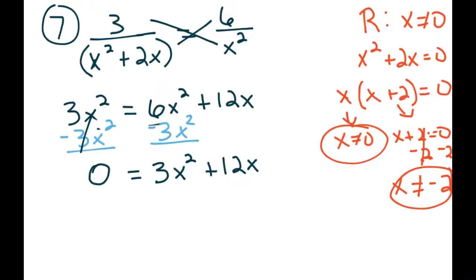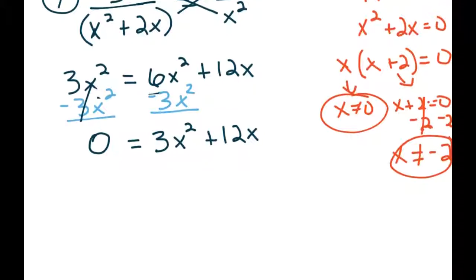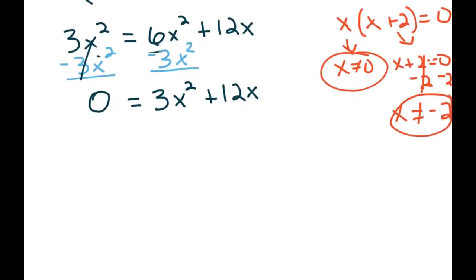Okay, so I have a binomial set equal to 0, but it is a quadratic. So what do I do with my quadratics if they're binomials? We look for a GCF. This has a GCF of 3x. So 3x squared divided by 3x is x, and 12x divided by 3x is 4.